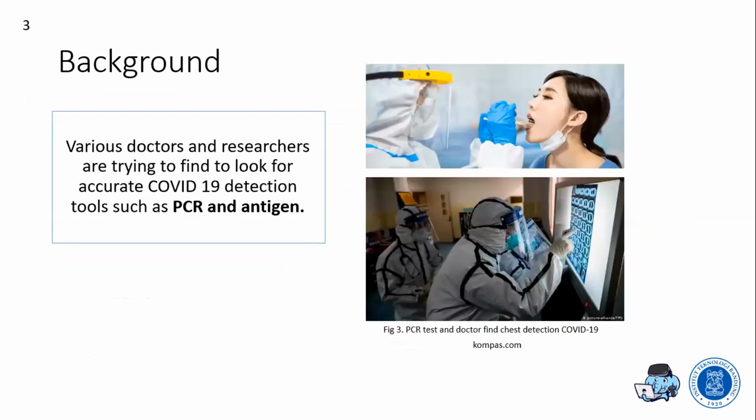Various doctors and researchers are trying to look for accurate COVID-19 detection tools such as PCR and antigen. The doctor will insert a swab device that resembles a long cotton bud into the nose, to the nasopharynx, the upper part of the throat located at the back of the nose, and obtain a sample of mucus.